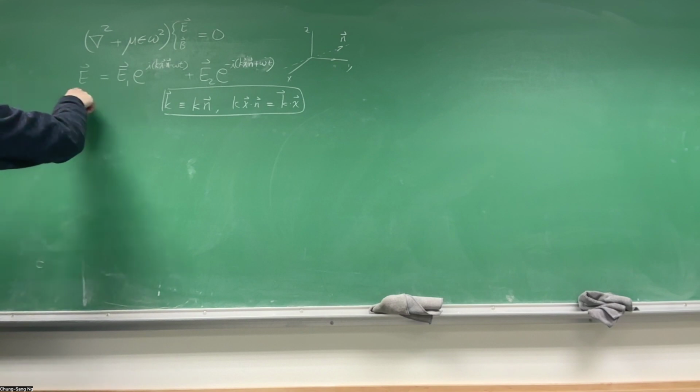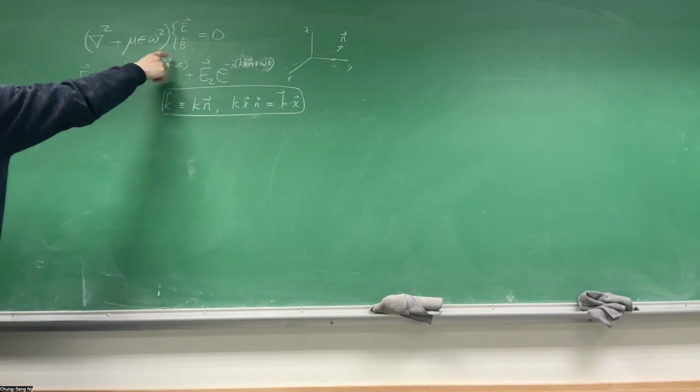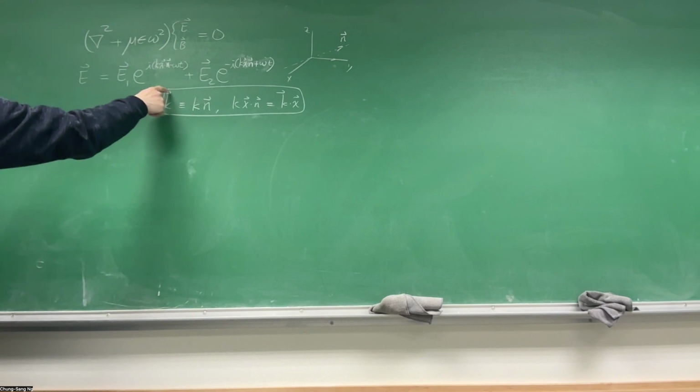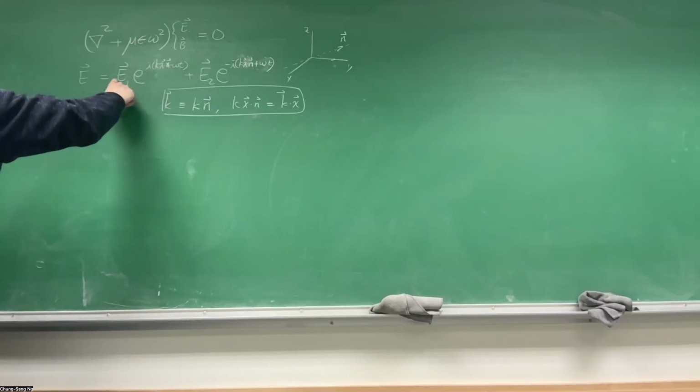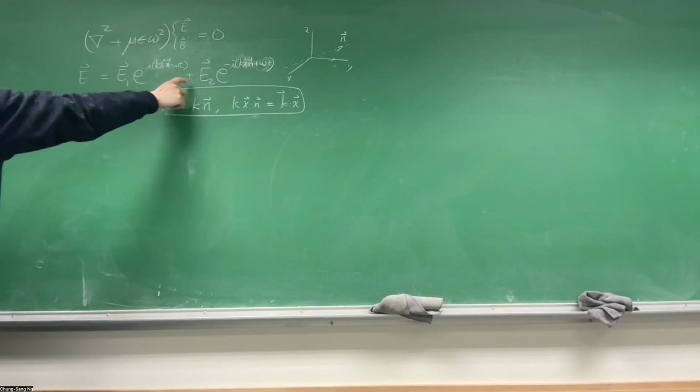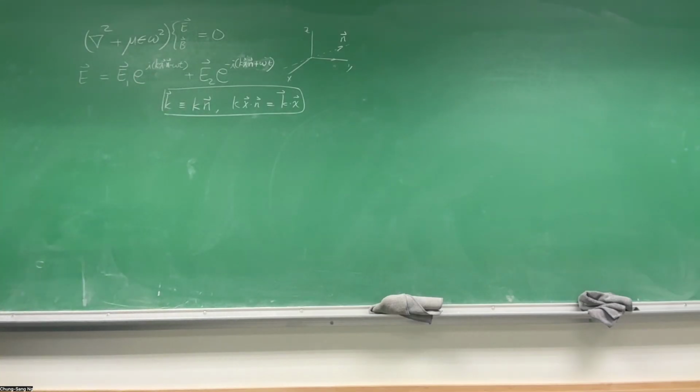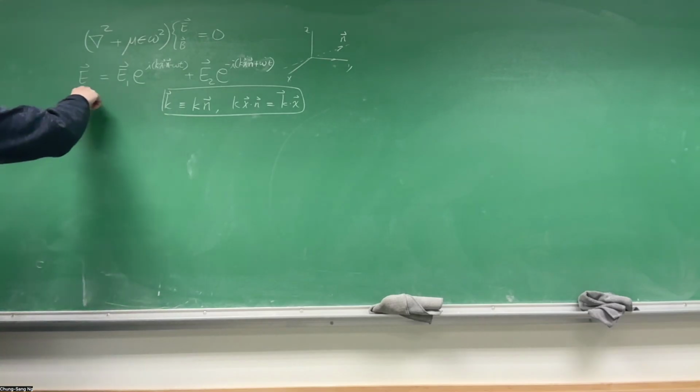Okay, so that is the electric field, and obviously you can write down the solution for B also. So far we are assuming the amplitude is arbitrary, but later we'll have a restriction on it. They are not exactly arbitrary, but we'll get to it in a moment.